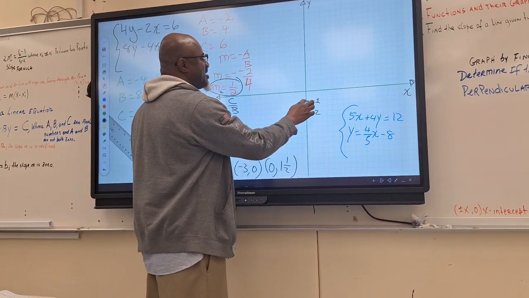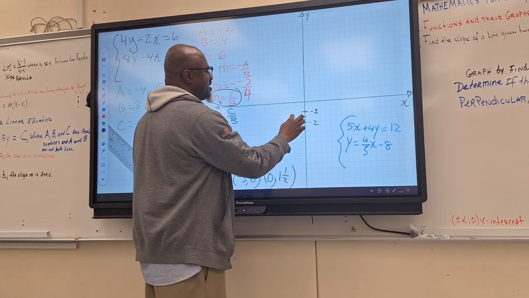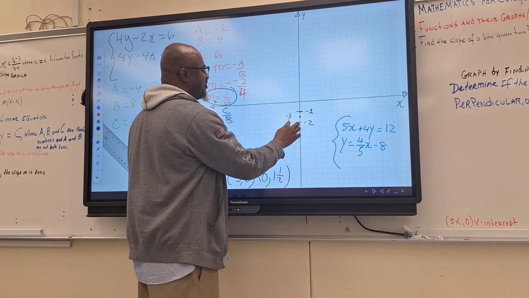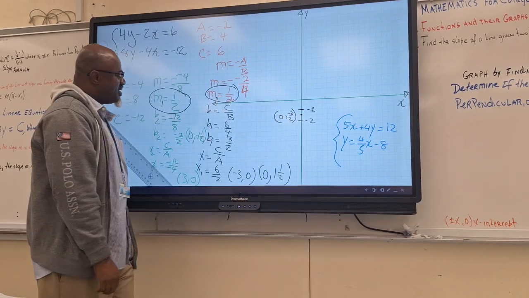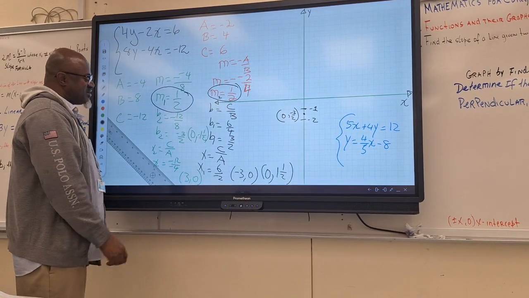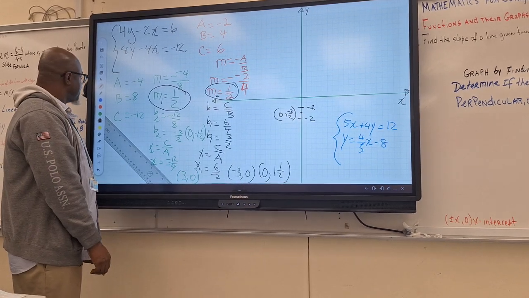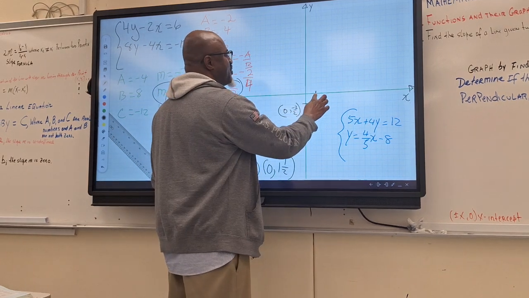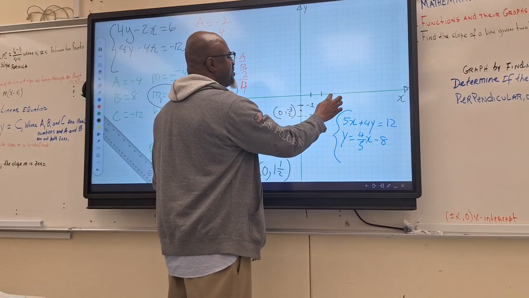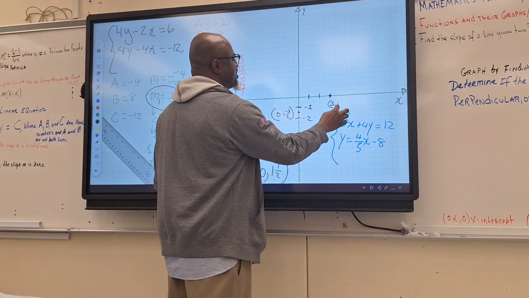This is negative 1, this is negative 2, so it should be somewhere down there, negative 3/2. And the other point is 3, 0. Where do you find 3, 0? To the right. You go right 3 units: 1 unit, 2 units, and 3 units. That will be 3, 0.